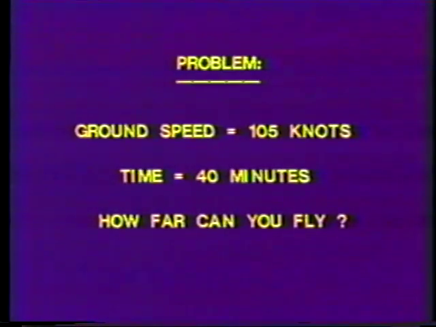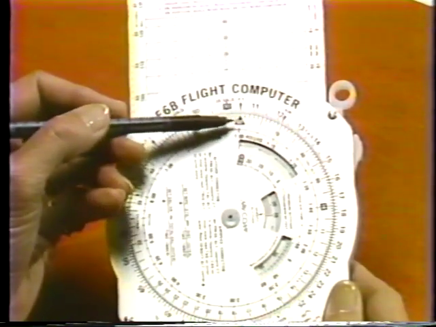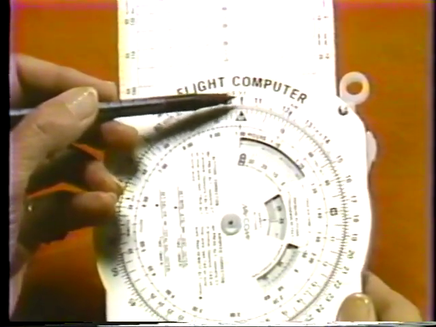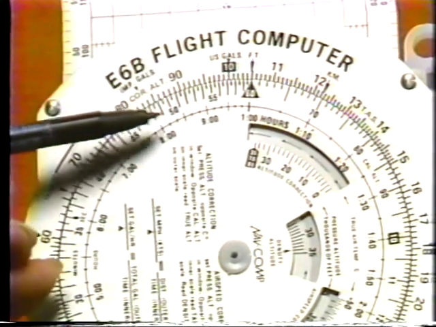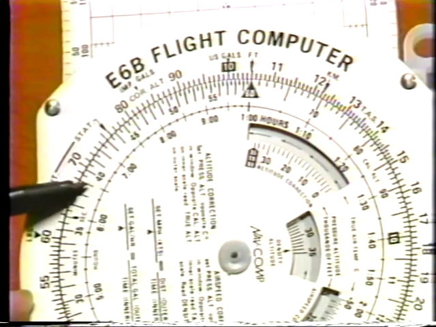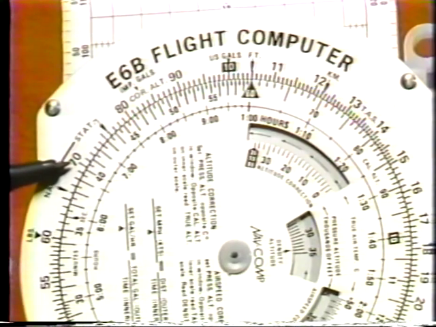Assume now that we continue flying at the ground speed of 105 knots. How far can we fly in 40 minutes? No, don't touch scale B because the rate arrow must remain on 105, our ground speed. Locate 40 on the B scale. Above 40 we find the figure 70 on the A scale.